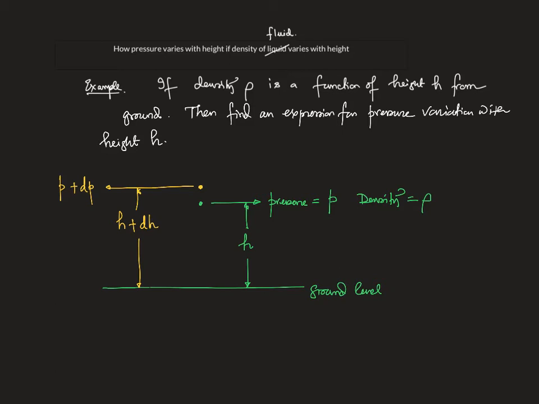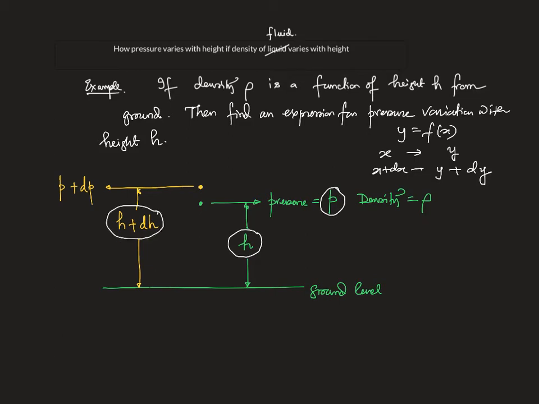This is how you express a function. That means if you express y as a function of x, then at x the corresponding value is y, and at x plus dx the corresponding value is y plus dy. In the same way, at height h the pressure is p, and at height h plus dh the pressure is p plus dp.